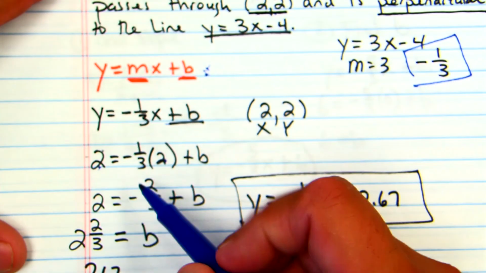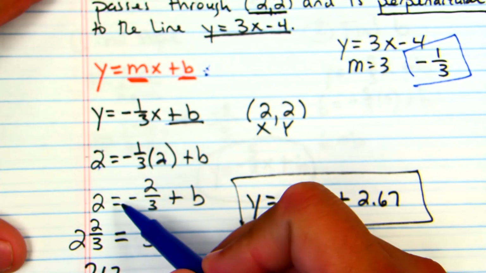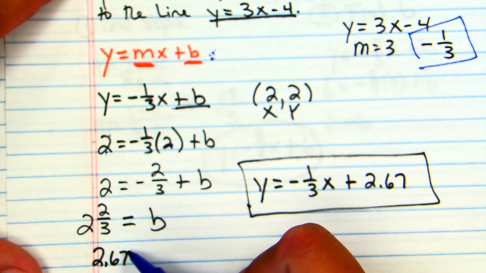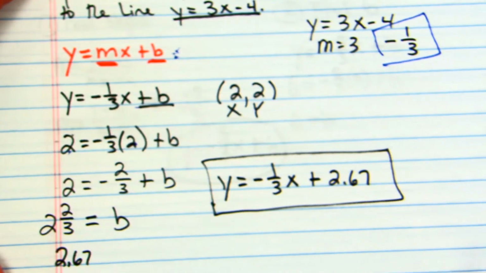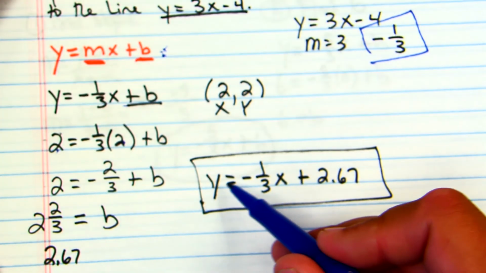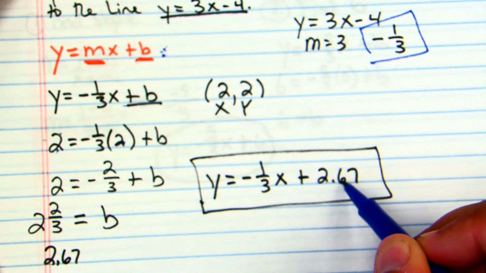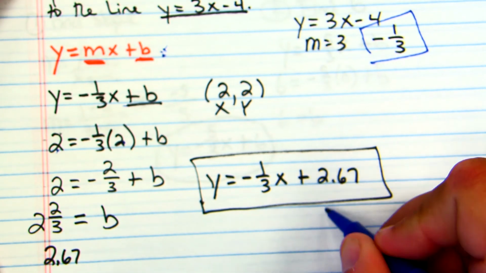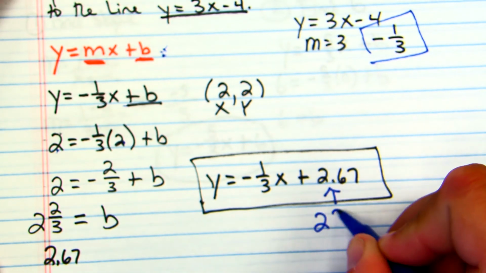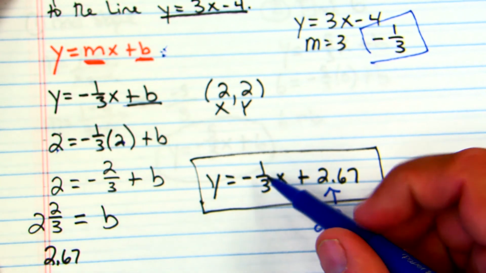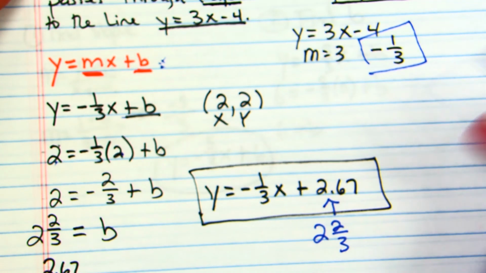Then I add 2/3 to both sides since this is negative, and I get 2 2/3 or 2.67 for my b. I come back and just plug it in. Y equals -1/3 x plus 2.67, which is also the same thing as 2 2/3. And I found my slope to be -1/3 because it was perpendicular to the given line.